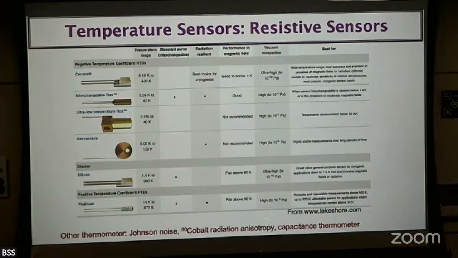Okay, this is the cobalt-60 radiation anisotropy thermometer. Anyone heard of it? My former colleague, whose lab I inherited, has this setup. Cobalt-60 is radioactive, emitting gamma rays. You put a tiny piece of cobalt-60 right next to your sample, and outside of the fridge, at room temperature, you measure the gamma radiation coming out.